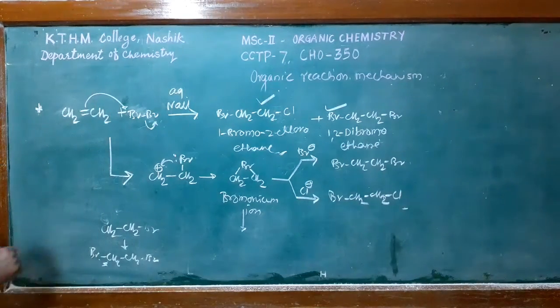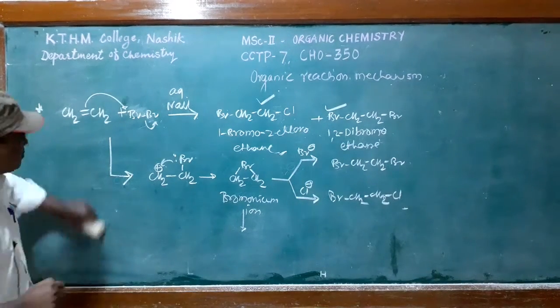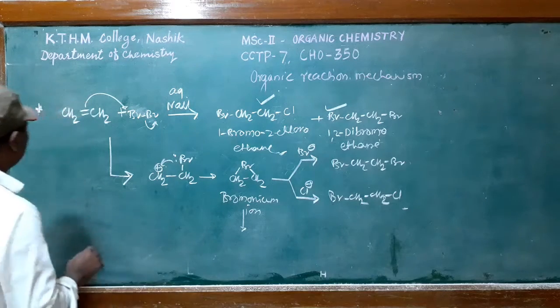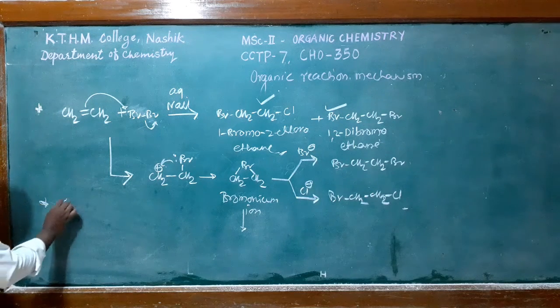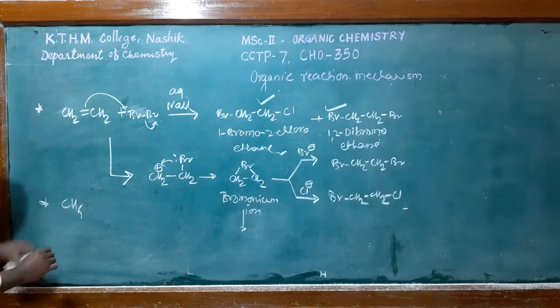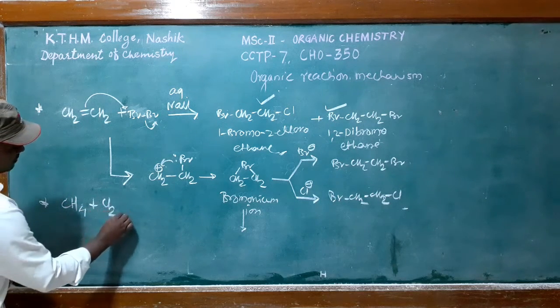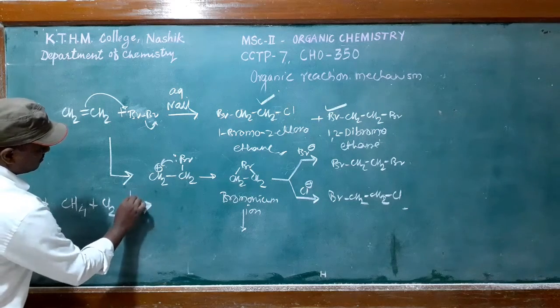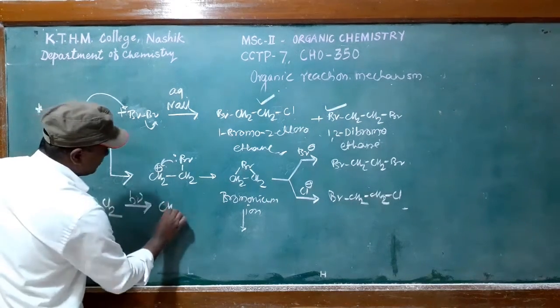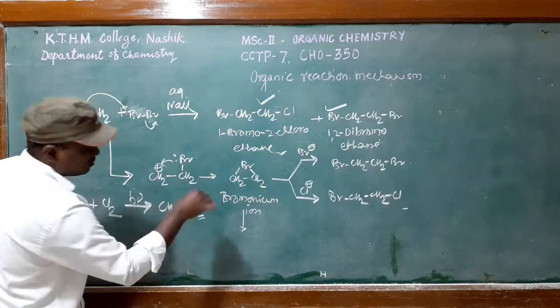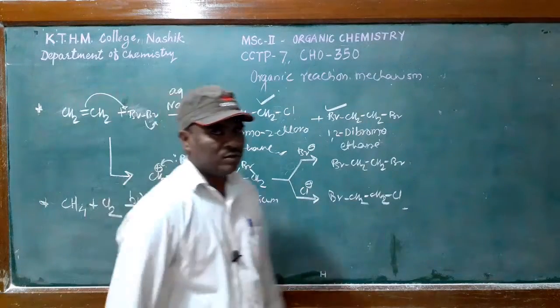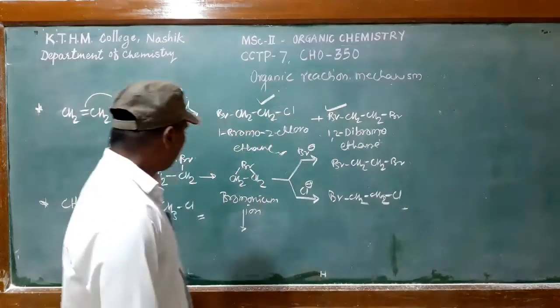Another classical example is also a very simple and basic reaction: chlorination of methane in the presence of light. It gives methyl chloride, or chloromethane. So can you write the mechanism for this one?